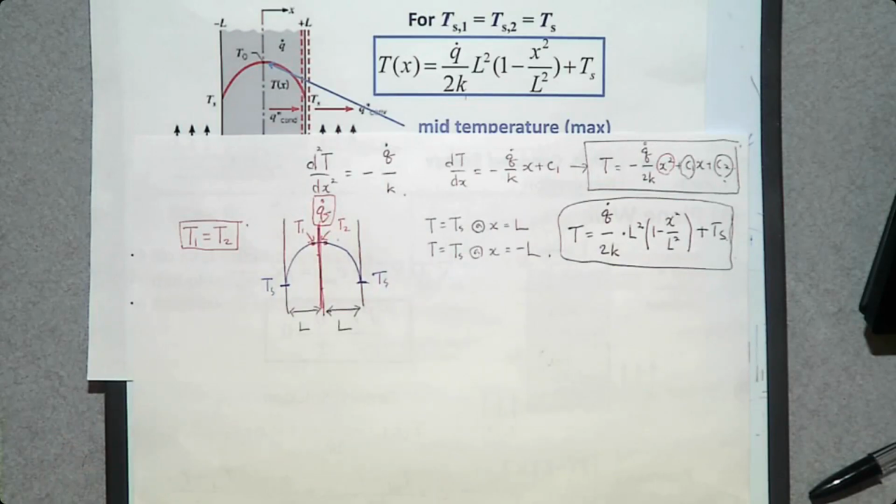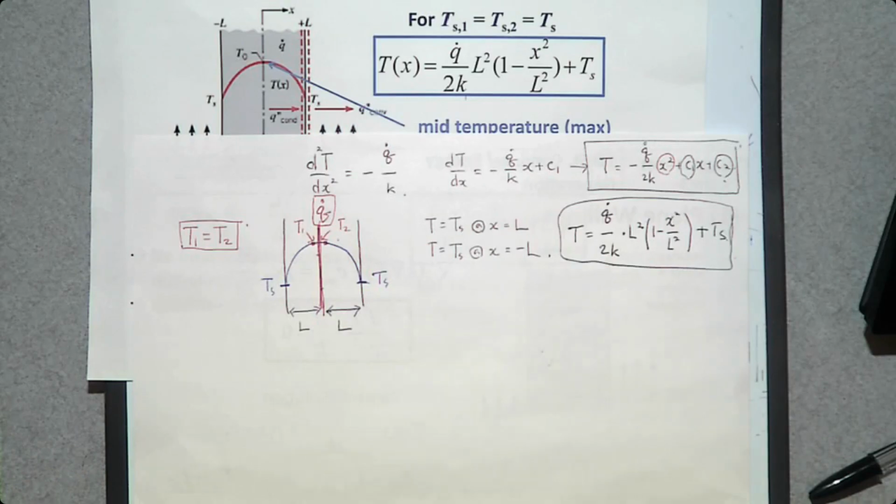Then what is the heat transfer between T1 and T2? When T1 equals T2, what is the heat transfer between T1 and T2? According to the second law of thermodynamics, heat transfers from a higher temperature point to a lower temperature point. If T1 is the same as T2, there should be no heat transfer across this center line.